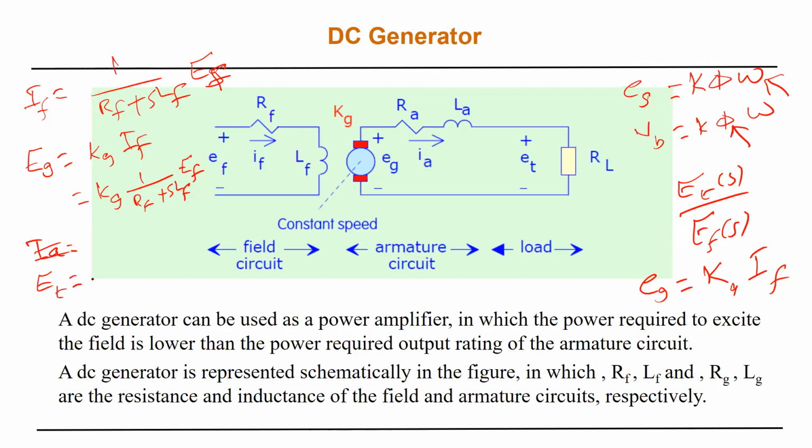ET equal to EG times, what do I put in here? RL over RL plus the other impedance, which is RA plus SLA. Now eliminate and you get the transfer function.